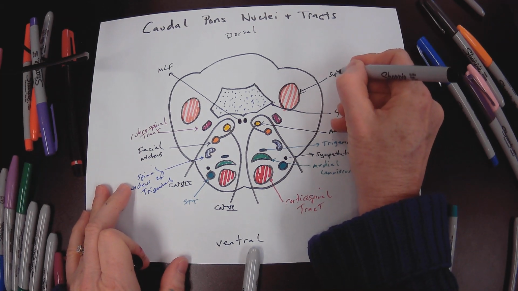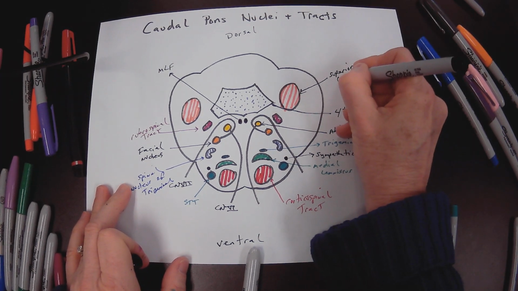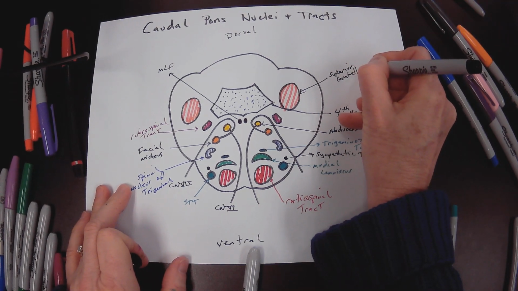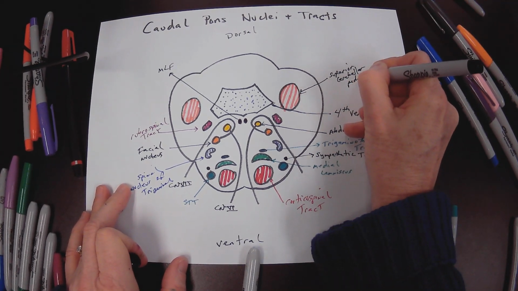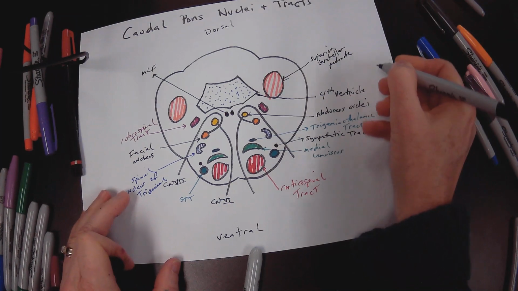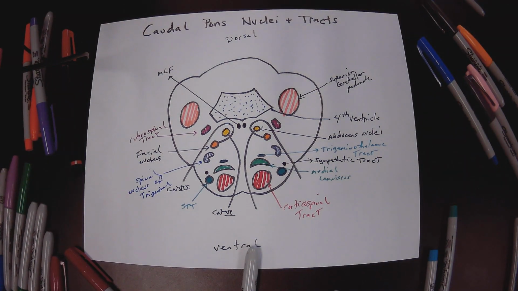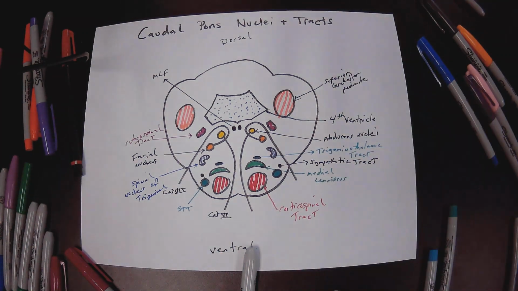Nothing more than a bunch of white matter tracts coming out of the brainstem into the cerebellum. A major conduit for efferent information coming out of the cerebellum. The majority of it goes through the superior cerebellar peduncle.